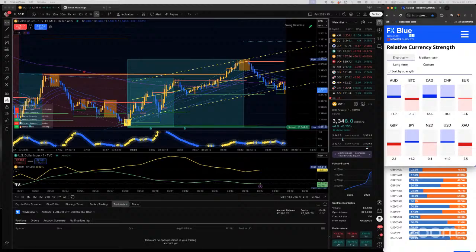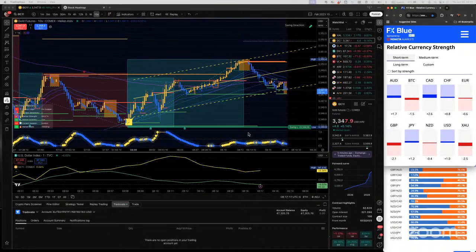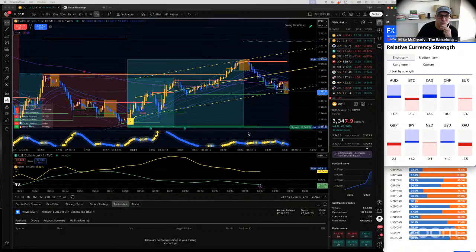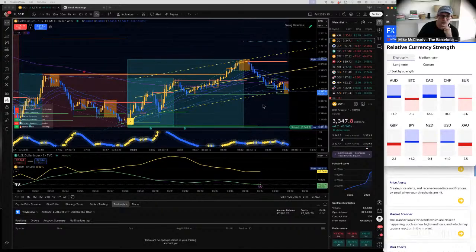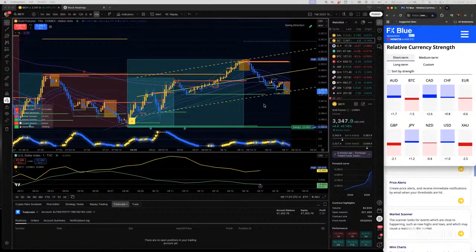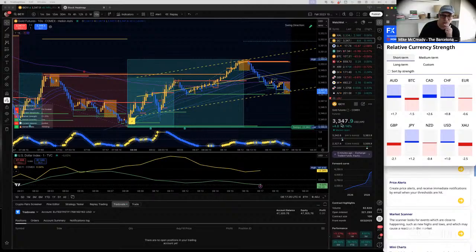Okay. And what chart is that on again? The chart that you're seeing right now is the 10 second futures chart. Oh, okay. So price is a little bit different.